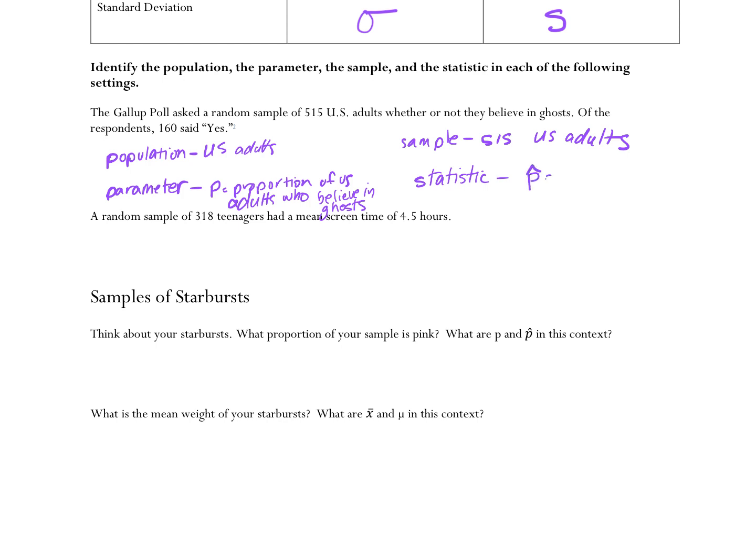And if I asked you to calculate P hat, it would be the percent of the sample that believes in ghosts. What would that be? You would do 160 over 515. That would give you your P hat.